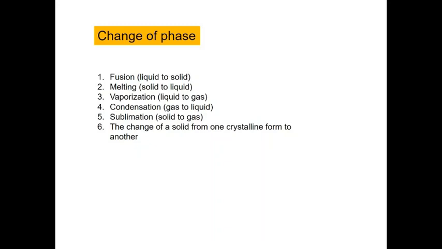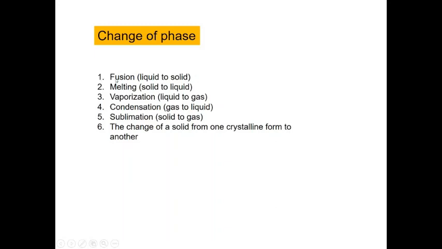These phases can change. For example, if you imagine water, we can freeze water. Water is liquid, we can make it solid. Now it becomes ice. Or we can vaporize water, we can boil the water, and it changes its phase from liquid to gas.